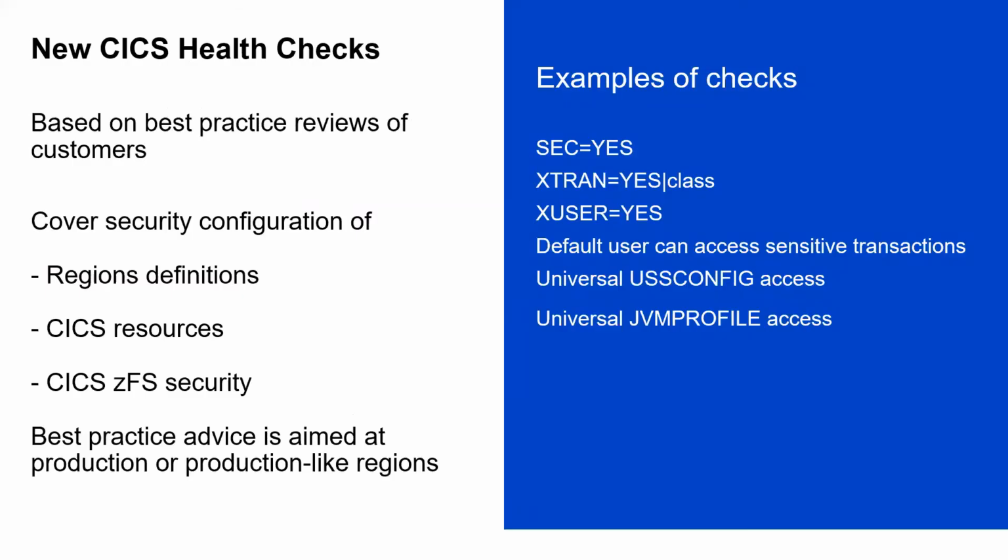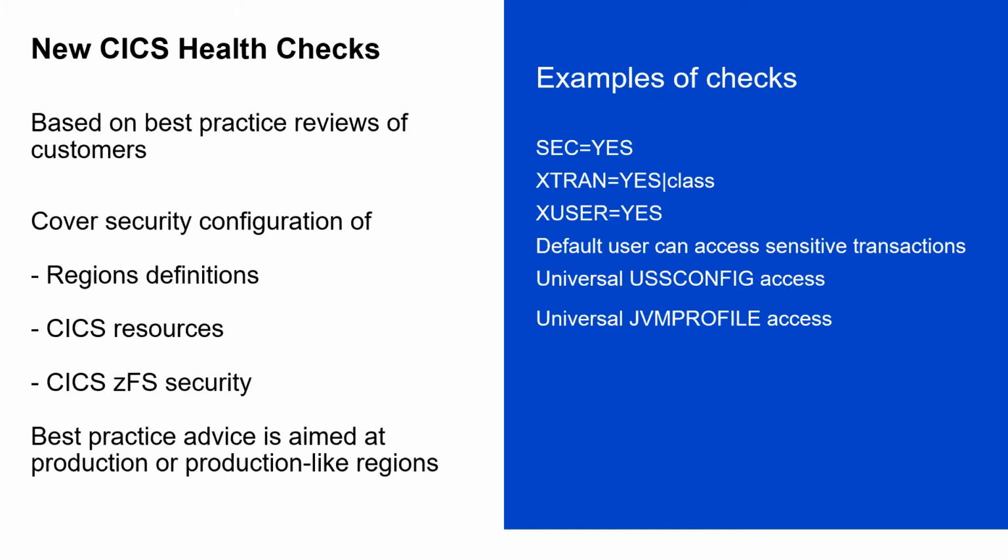We've introduced into the open beta some new health checks. And these health checks are based upon various reviews that we've had with customers. And they can cover the security of resource definitions, CICS resources, and even the zFS security. And the idea is to give information about what we would recommend on a production or production-like region.